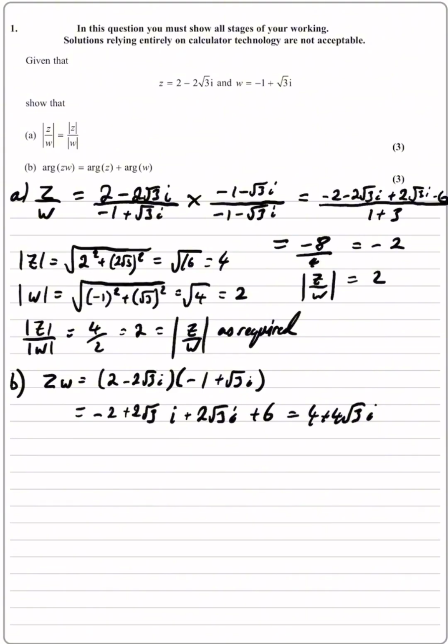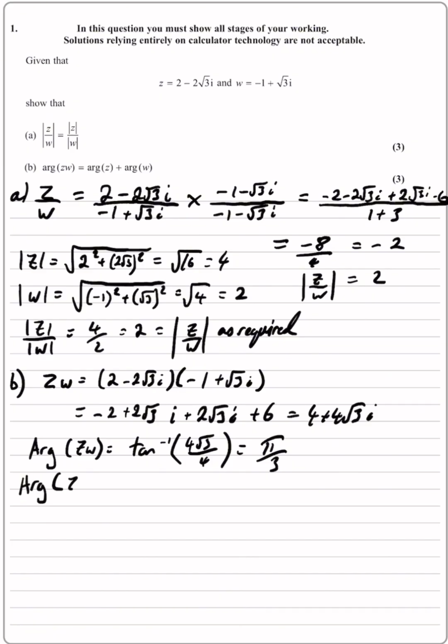Or if you prefer, 4 plus 4 root 3i. Okay, so to find the argument of zw, well, it's in the top right quadrant, so we can just do inverse tan of 4 root 3 over 4, which is pi over 3.